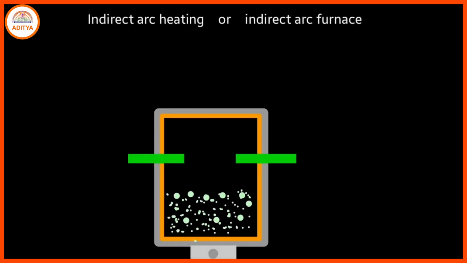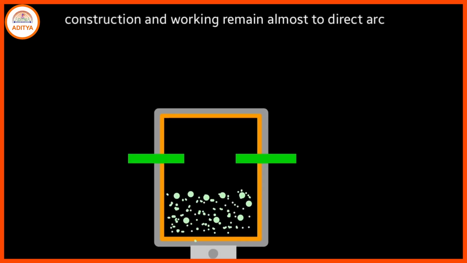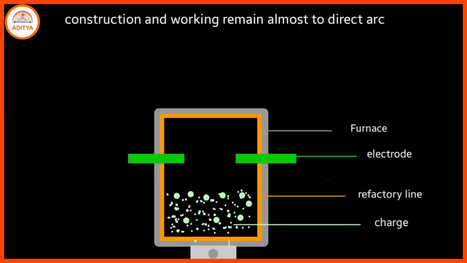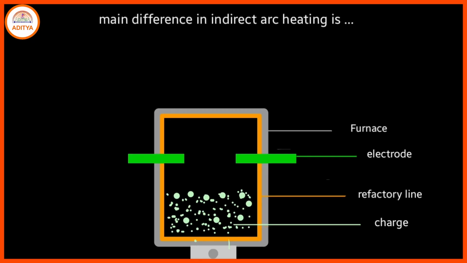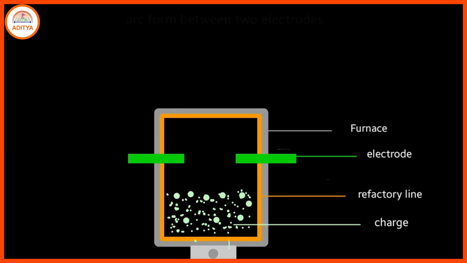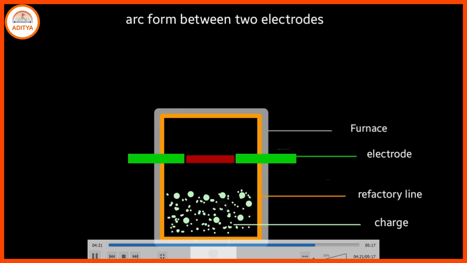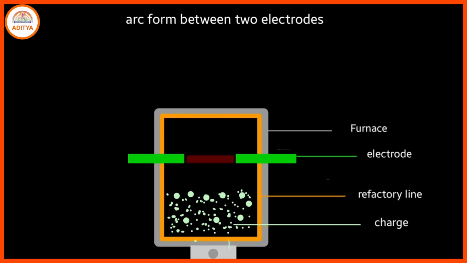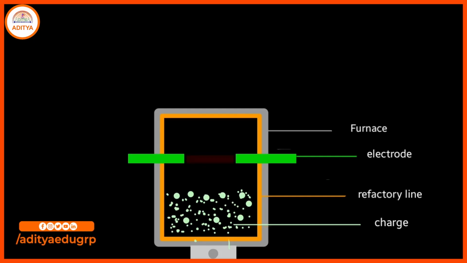Now we come to indirect arc heating, the indirect arc furnace. The arrangement of the electrodes is such that the arc is formed between the two electrodes, with the refractory lining and the charge here. In direct arc heating, the arc is formed between the electrodes and the charge. Here the arc is generated between these two electrodes.